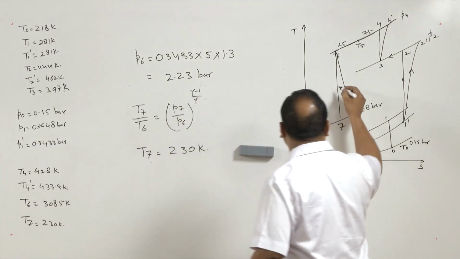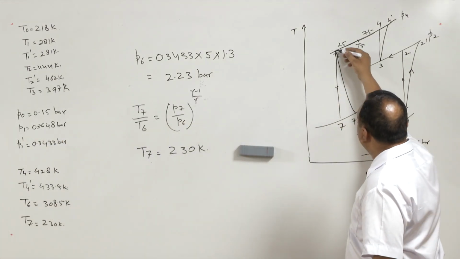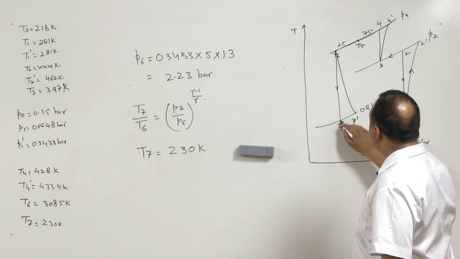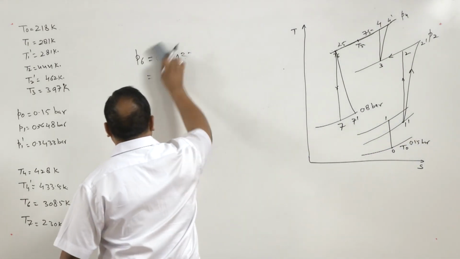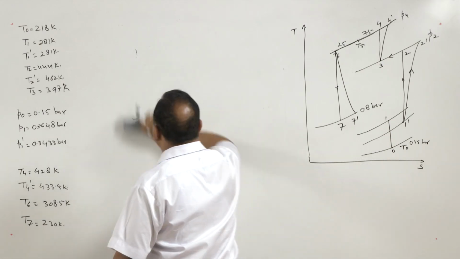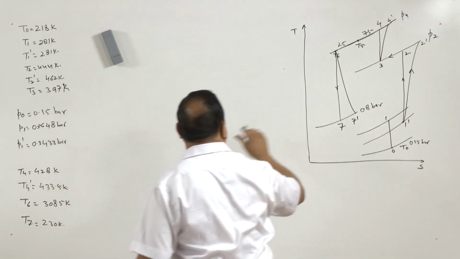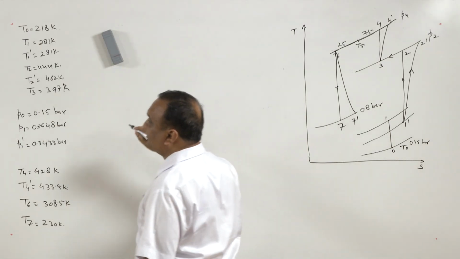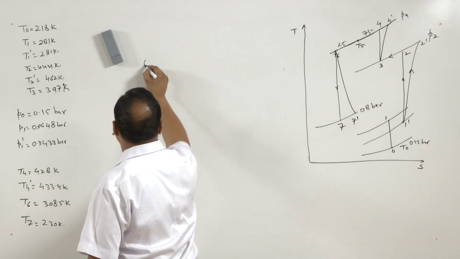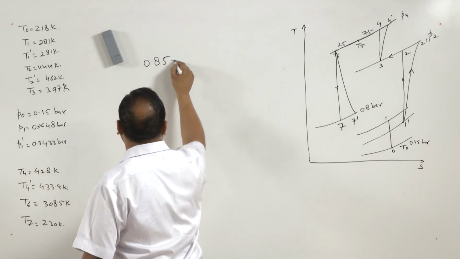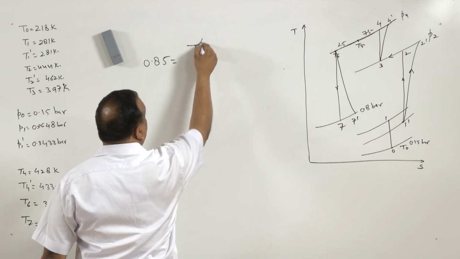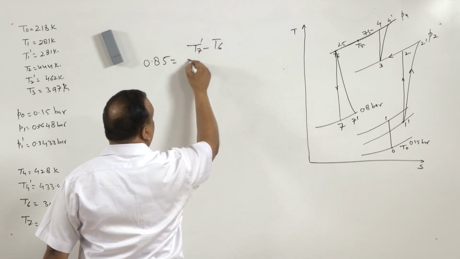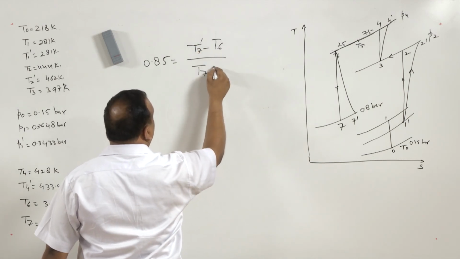Again, this process is not an ideal process. So, instead of getting state 7, we will be getting state 7 dash. And now again we will consider the efficiency of the expansion turbine, that is cooling turbine, that is 85%. So, 0.85 is equal to T7 dash minus T6 divided by T7 minus T6.